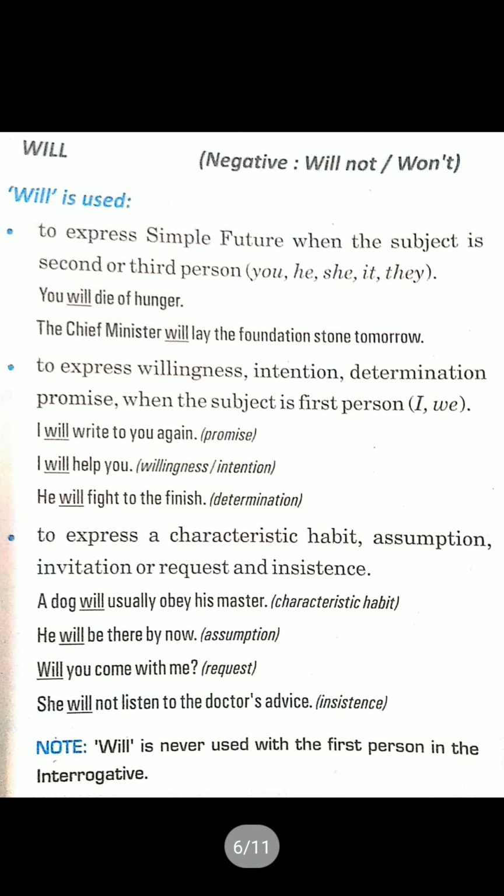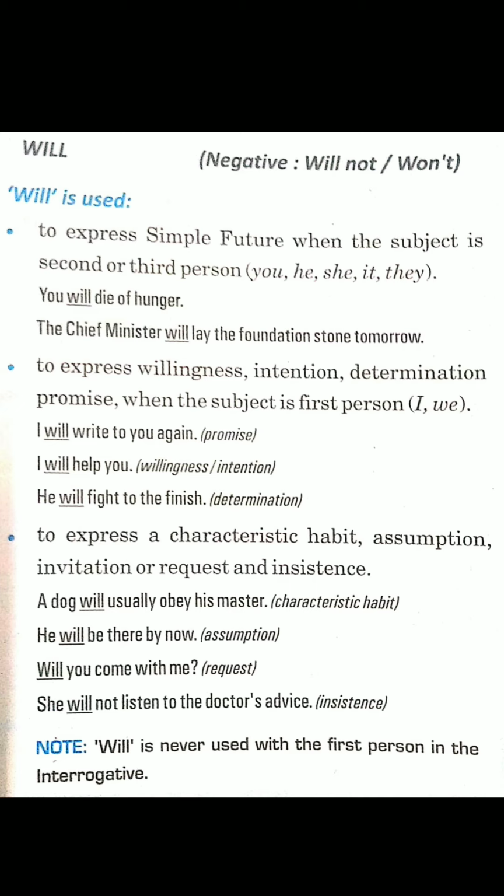The first one is will. Will is basically used with first person subjects, that is I and we, and it expresses intention, promise, determination, and threat. You will die of hunger. The chief minister will lay the foundation stone tomorrow.